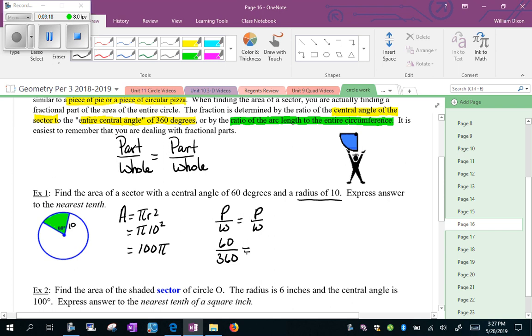That's going to equal our part, which is x, the area of the sector we're looking for, over our whole, which is 100 pi. I'm going to reduce 60 over 360 down, and I know that's 1/6. So it's going to equal x over 100 pi.